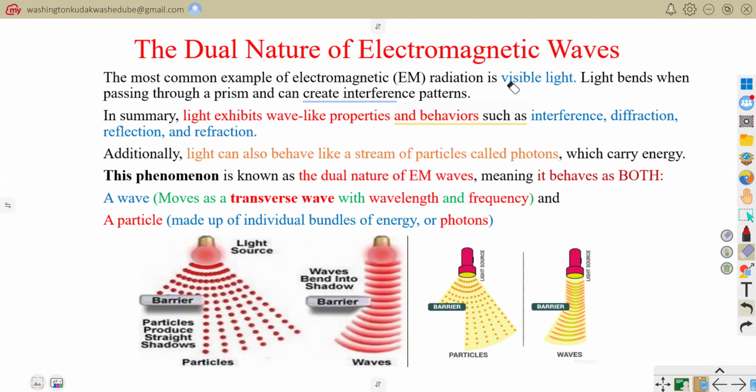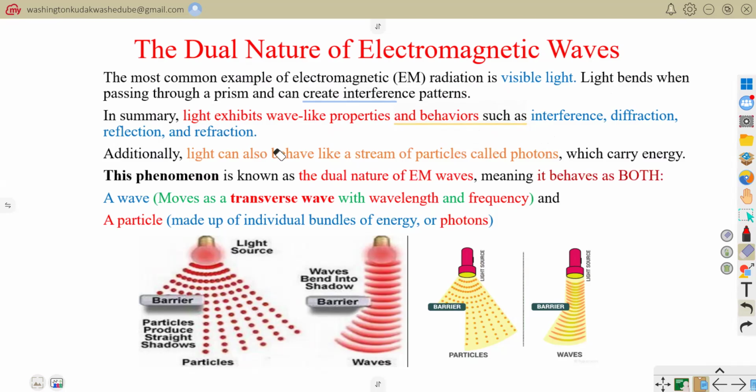So we are saying that from our visible light, we can know that light can bend when passing through a prism, and it can also create interference patterns, which are the shadows. When you say, let me just sit down in the shadow of a tree, where it will be cooler, the shadow that you are following is what we call an interference pattern.